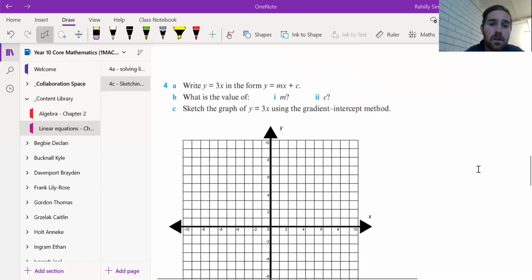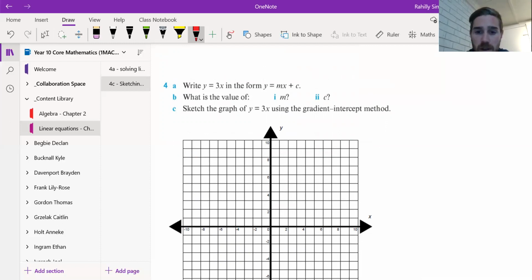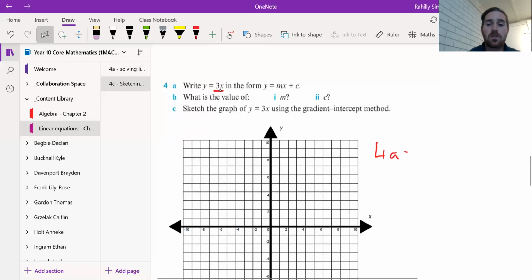So first of all, for A, we need to write y equals 3x in the form of y equals mx plus c. All that becomes is we have got 3x here, so that's going to go there. So it's just going to be y equals 3x. We don't have any c at all, okay?